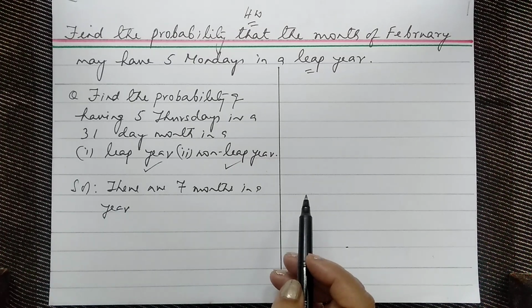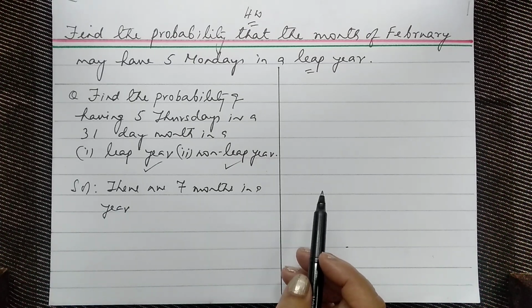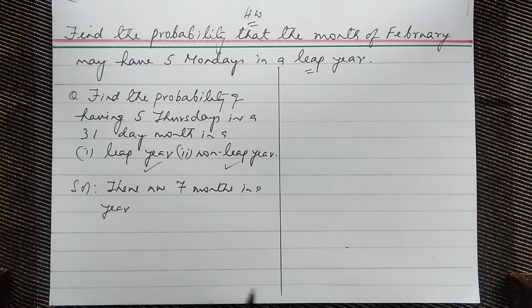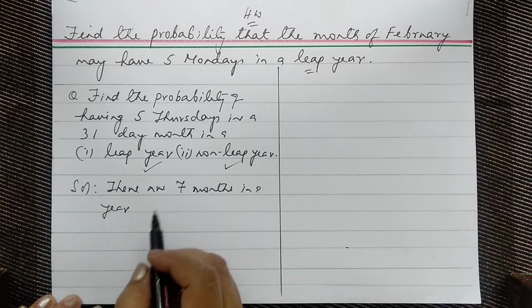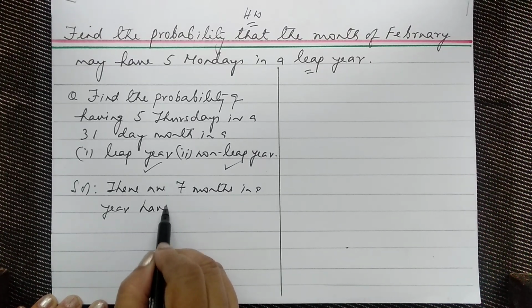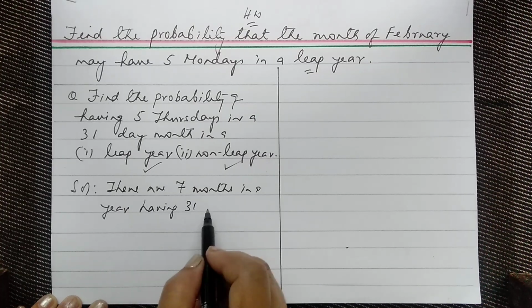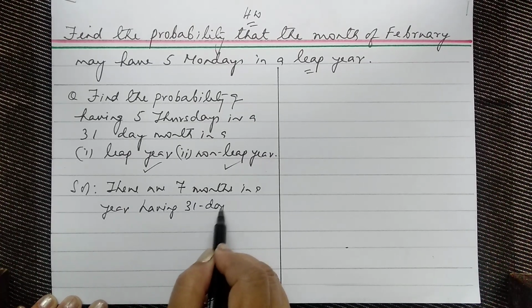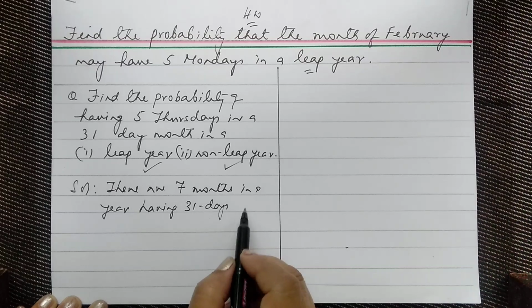They all remain at their own number of days. So 31-day months will remain with 31 days and 30-day months would remain with 30 days. Am I right? So don't confuse yourself. So there are 7 months in a year having 31 days. ठीक है?